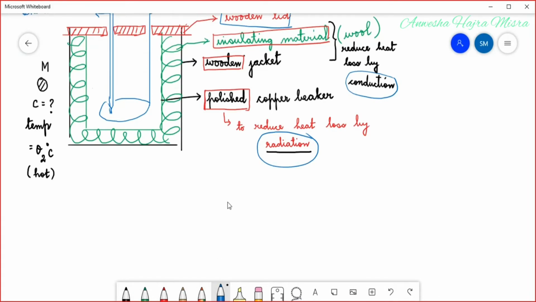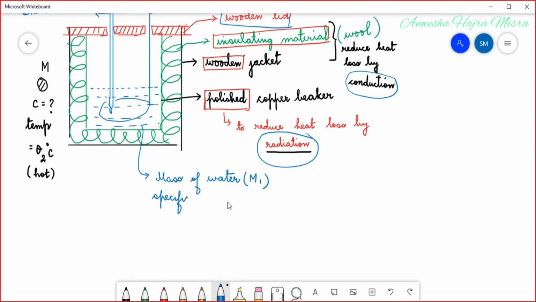Say we take water inside the calorimeter. Mass of water taken is M1.